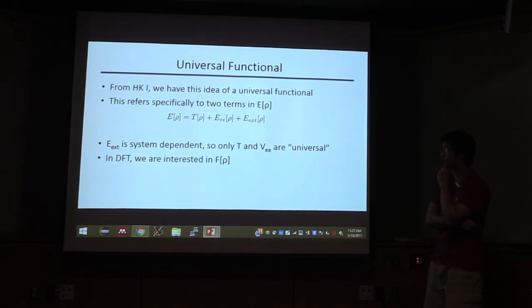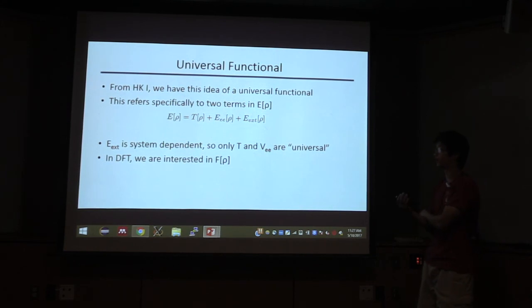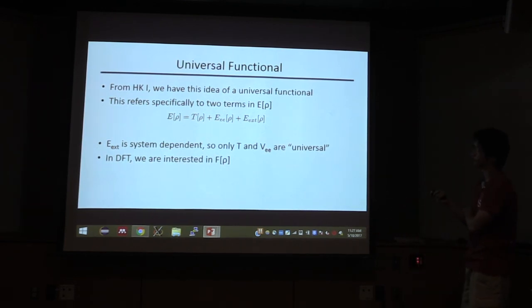All right, so HK1 basically tells us that this E of rho exists. And so in density functional theory, we talk about the universal functional, the E of rho that can be applied to any system. But in particular, in density functional theory, we're only interested in these two terms as being universal, right?